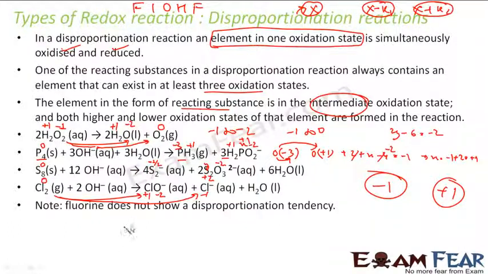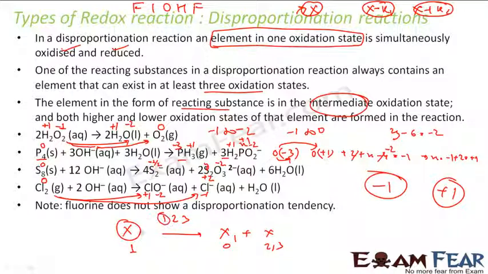For example, a substance X has oxidation states of 1, 2 and 3 only. Now if this is 1, it can't reduce, it can't become 0, because for reduction it has to become 0. It can oxidize, but it can't reduce. So the extreme is not helping here.